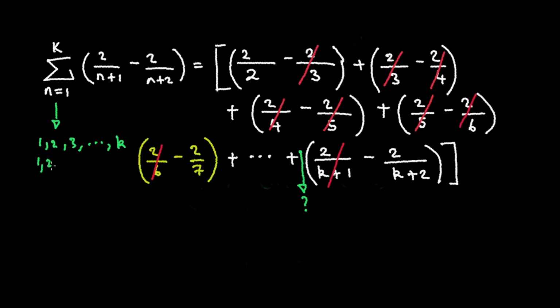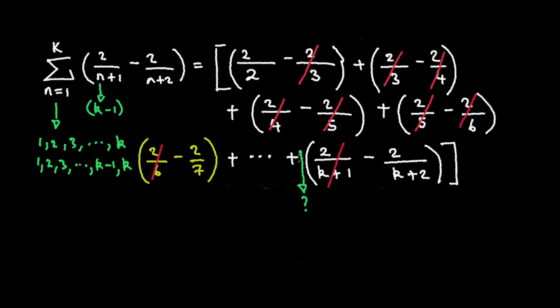So it becomes 1, 2, 3 and so forth. Then before k we have k minus 1, then k. To get this term, it simply means we are going to replace n with k minus 1. So let us do that.